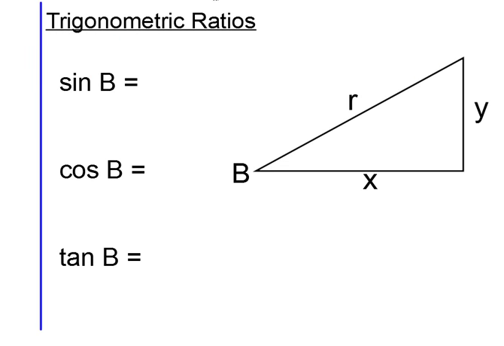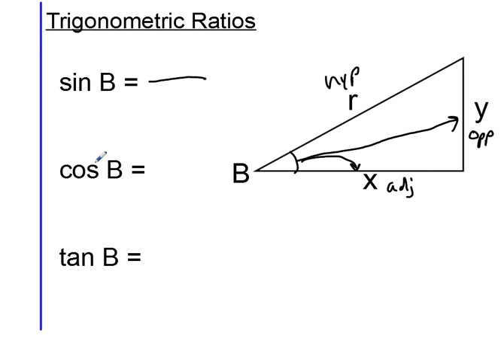Let's get a little practice putting together these ratios using some sines, cosines, and tangents. Our source angle is angle B. Y would be our opposite side. I start abbreviating it as OPP. X is our adjacent side, and R is our hypotenuse.